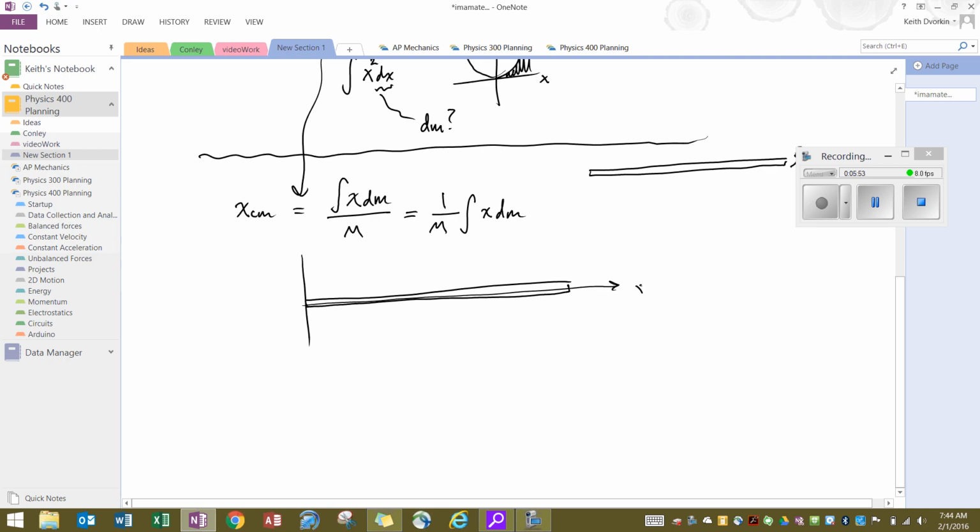So here's our x-axis, here's our y-axis. And this rod is a uniform rod, so it has the same mass for every little chunk, and that's easy to define. So lambda is the symbol for this thing, and it's going to be called the linear mass density.